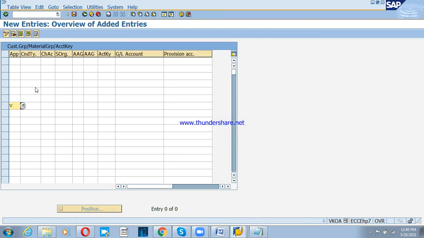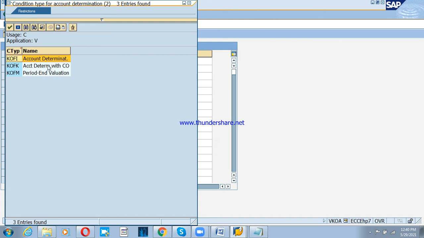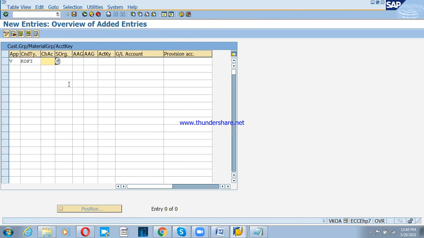So here I am going to select V. V stands for sales and distribution, right? With V, then how you are going to integrate with SD. So you are having a condition type with account determination, means we are going to link our GL. This is what we call as account determination.